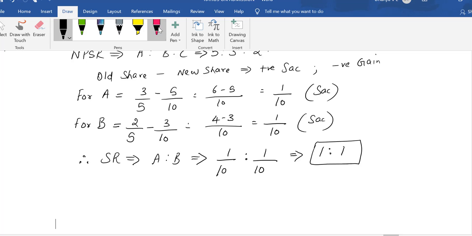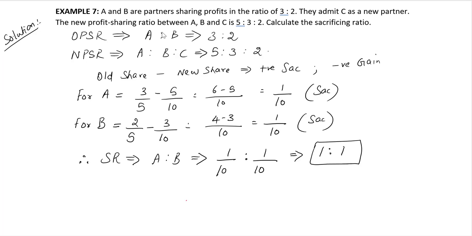Let's summarize this. Sacrifice ratio between A and B is 1 is to 1. Let's go to the next example.